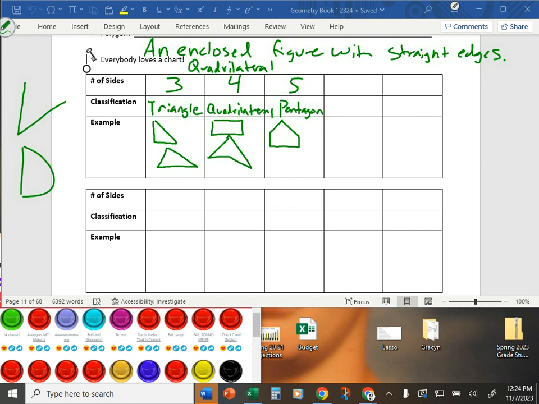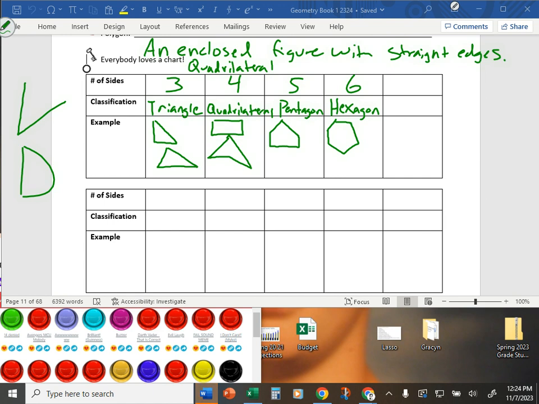How about a 6-sided shape? Hexagon. The honeycomb. 3, 4, 5, 6. Whoops, I botched it. Bees can make honeycomb better than I can, but that is a 6-sided shape.